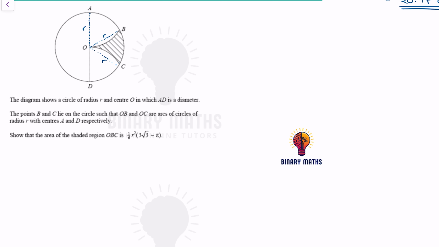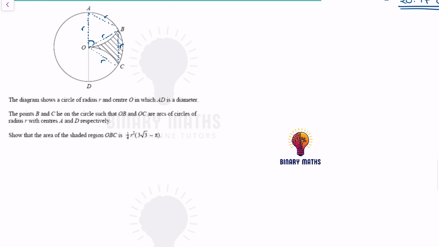And we know, because the arcs have been drawn, this is also the radius, which means this is an equilateral triangle. It's an equilateral triangle, so this is 60 degrees, and 60 degrees is the same thing as pi over 3. So all these angles are pi over 3.